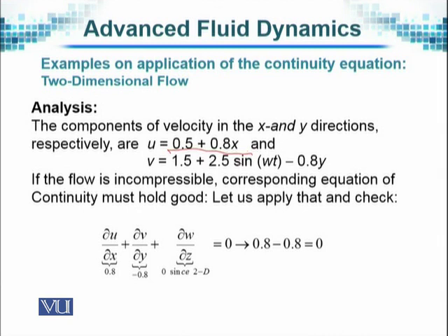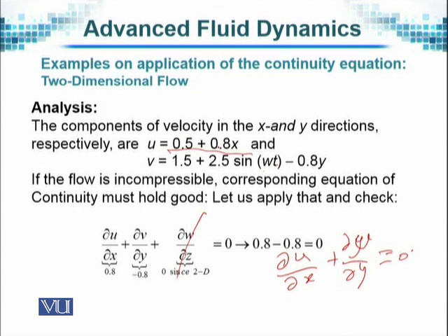Now remember that there is a t occurring here, but if it's a steady flow, there is no t, and therefore in the continuity equation, which in two dimensions will be du by dx plus dv by dy equal to 0, there will be no z component, and we substitute these values.